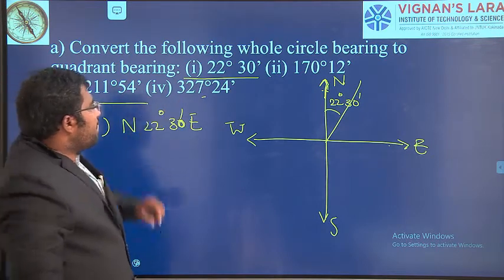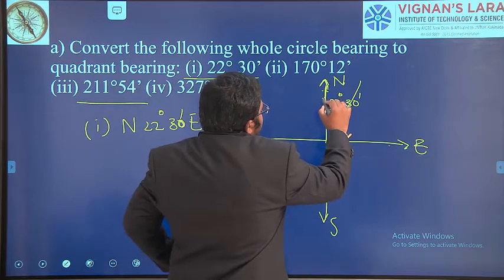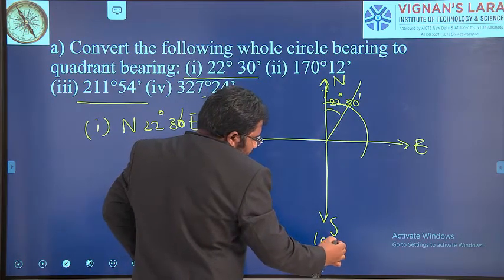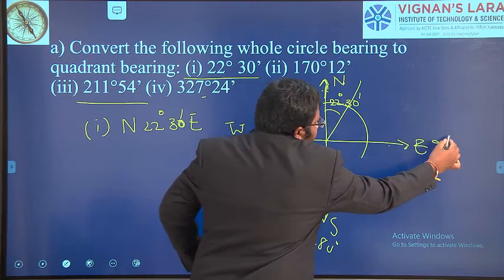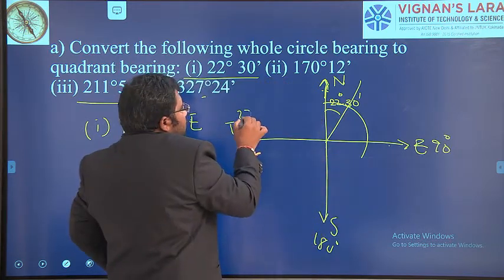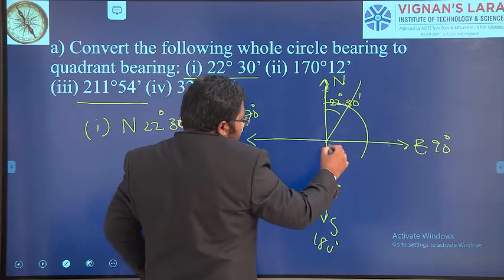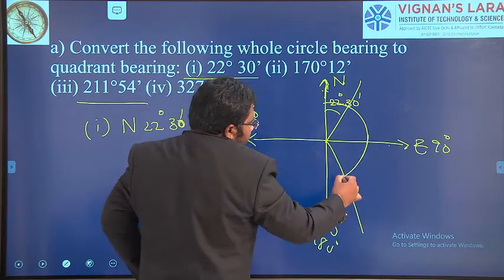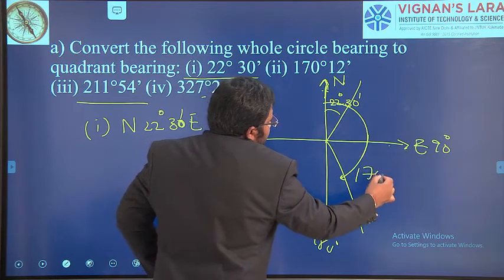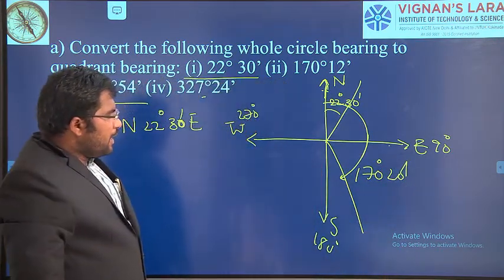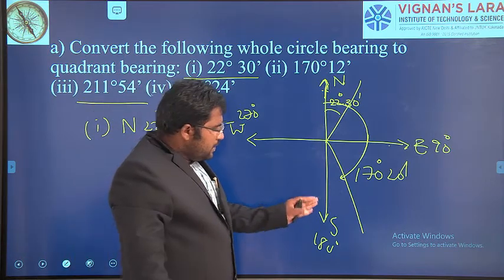Then coming to the second one, that is 170. Here we have 180, here it is 90, here it is 270. Okay, we know that. So now the second angle is located at 170 degrees 20 minutes. But according to the quadrantal system, it is near to the south.